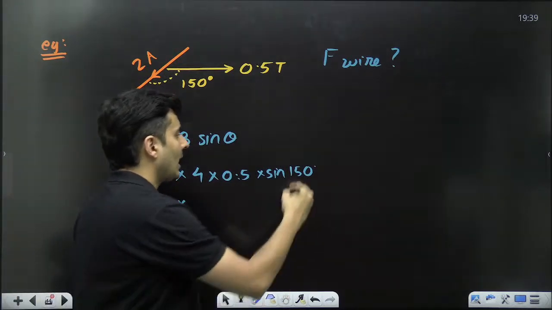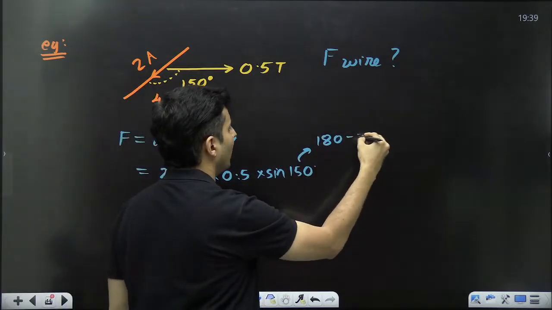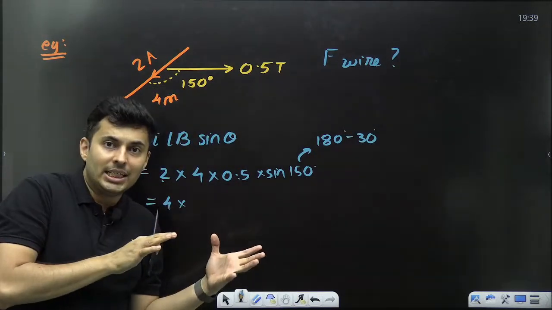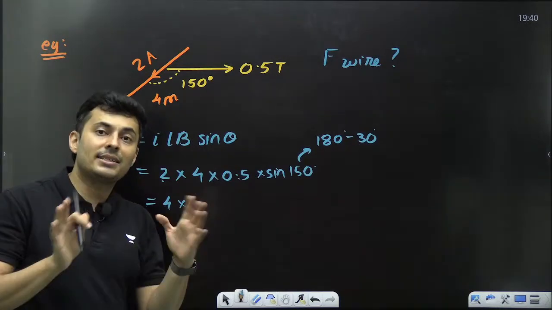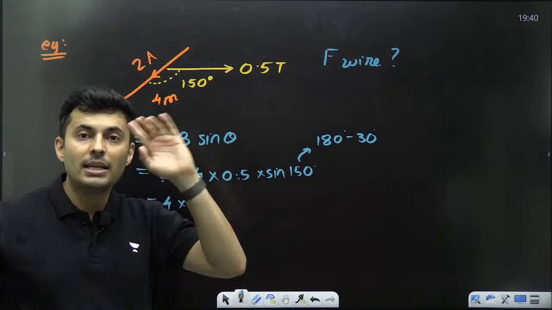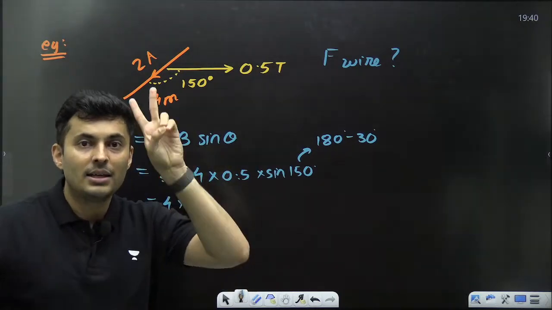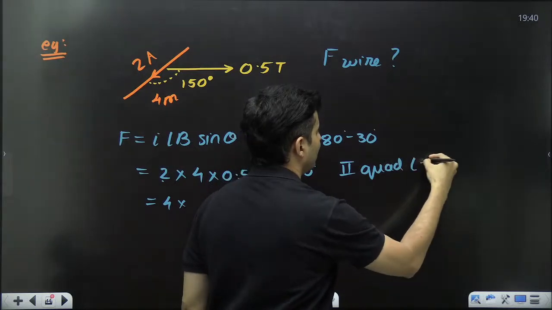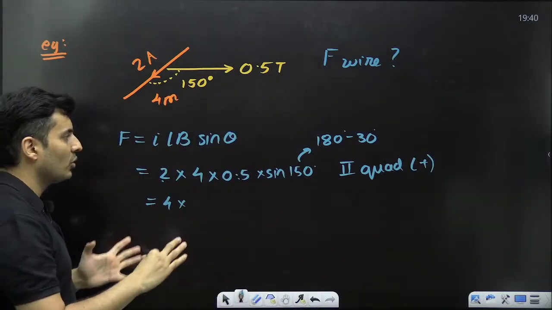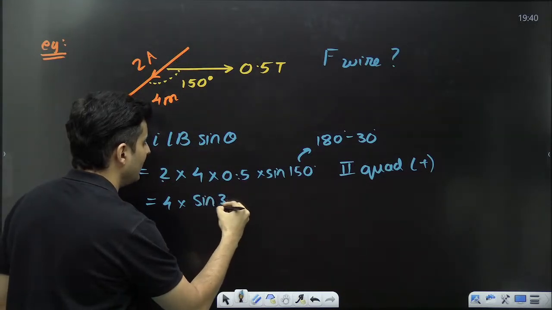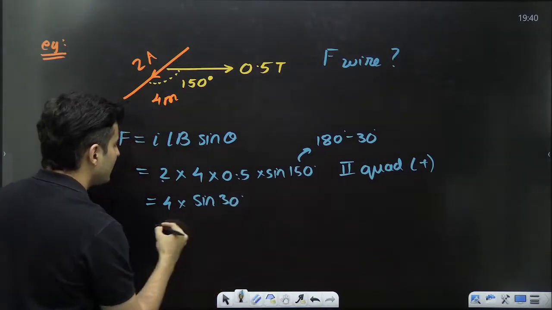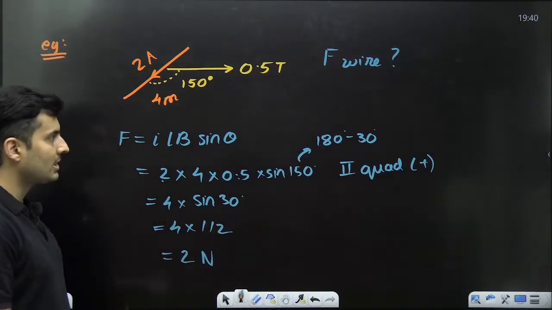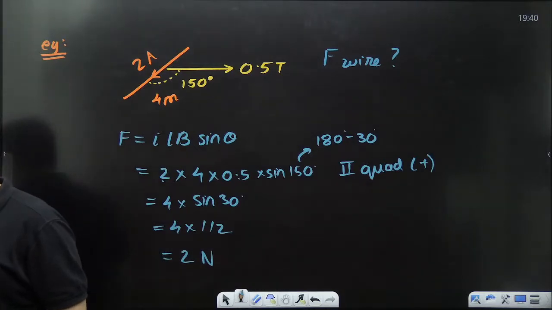Sine 150, I can say it is basically sine of 180 minus 30. Sine of 180 minus theta is sine theta. All silver teacups. It's in the second quadrant, so the answer must be positive. So definitely it's positive. It's as good as saying just sine 30, which is half. So it's going to be 2 newtons.